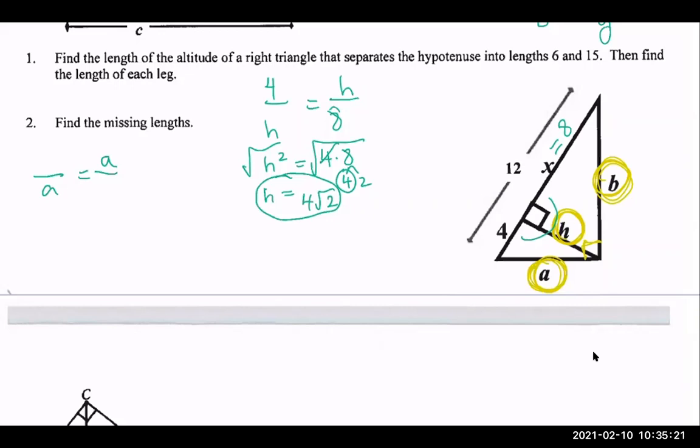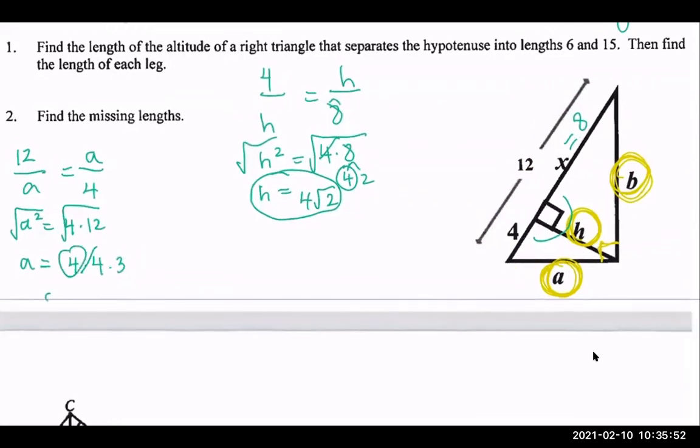So the next 2 ones, so it would be 12, the whole hypotenuse, and the piece of the hypotenuse closest to A. So 4. 12 and 4. Okay, so then let's go ahead and solve. If you multiply, A squared equals 4 times 12, take the square root at that point. 12 has another 4 and a 3. So if you cross and circle, you get A equals 4 radical 3.